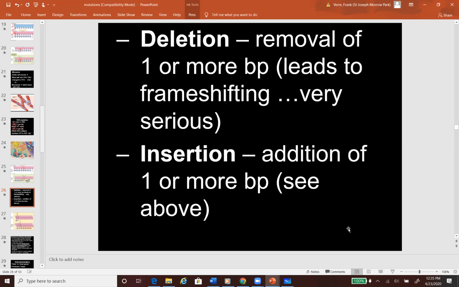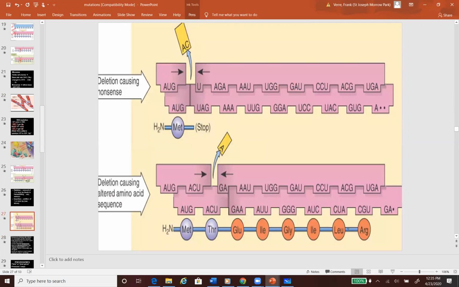It could be two, three, four, or five. And I'm going to show you. So here's an actual slide of what it looks like. The top example is two letters getting removed, and the one below it is one letter getting removed, and it could lead to a whole host of problems. And I'll show you why.